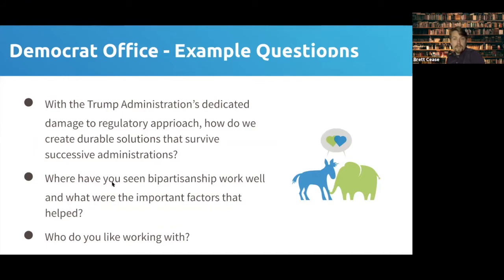They also recommend thinking through making this connection. President Trump has shown that a dedicated executive branch can do severe damage to regulatory approaches to reducing emissions. How do you think we should create durable solutions that can survive successive administrations?